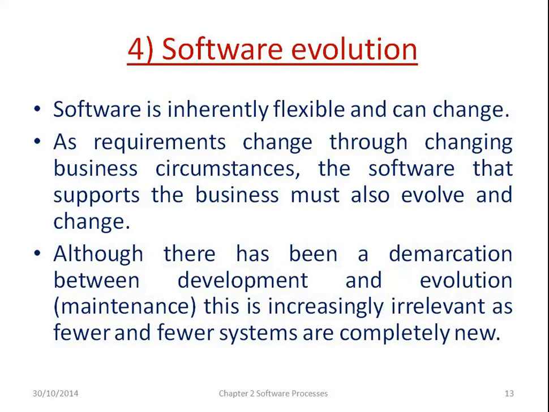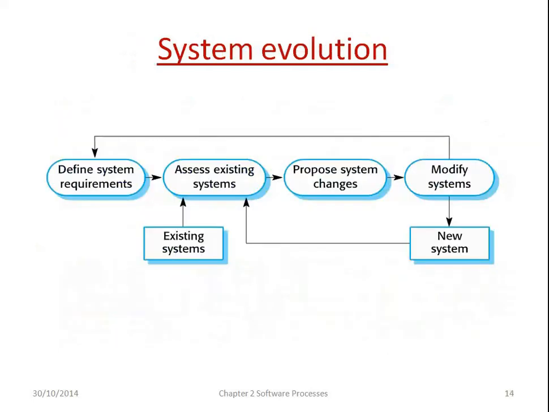Although there has been a demarcation between development and evolution, this is increasingly irrelevant as fewer and fewer systems are completely new. So this is the block diagram of system evolution. Define the system requirements, assess the existing system against the requirements.